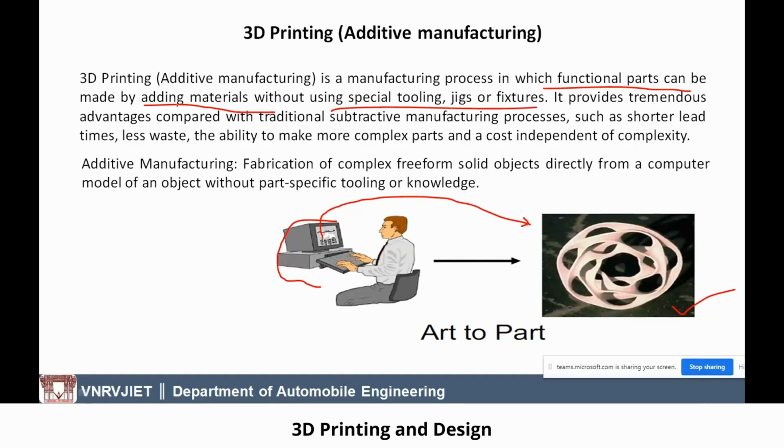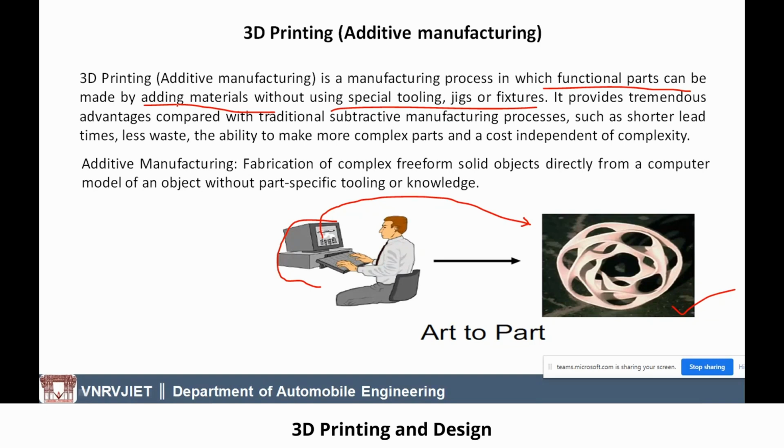Whereas in all other manufacturing processes, we require special tools, jigs and fixtures to hold the workpiece or tools. But in this case, we do not require any special tools. If we have a 3D printer, you can produce any shape, any component.